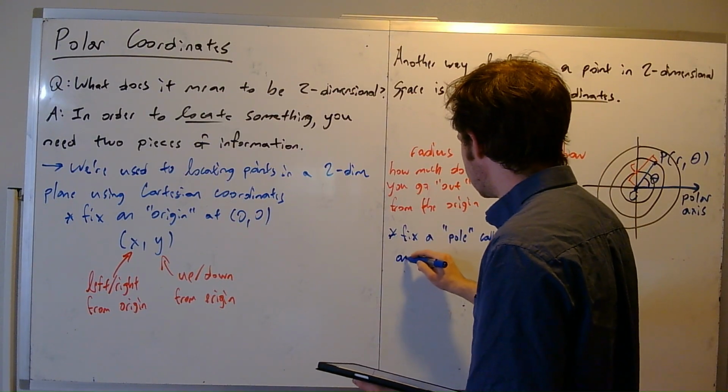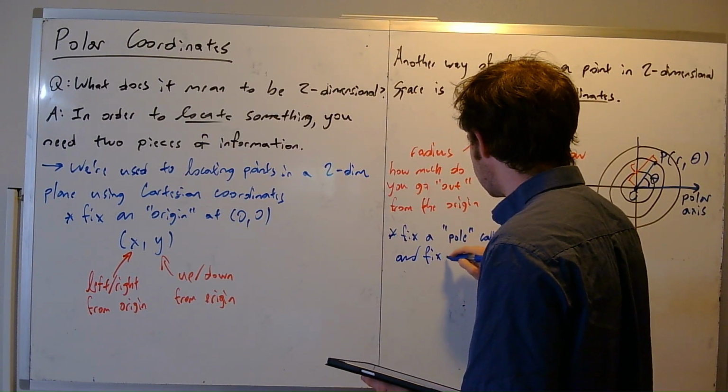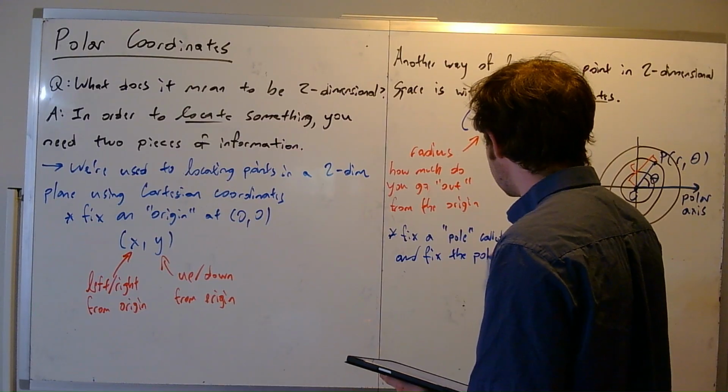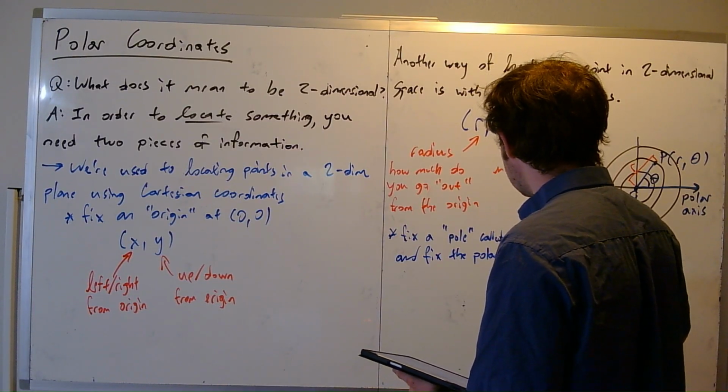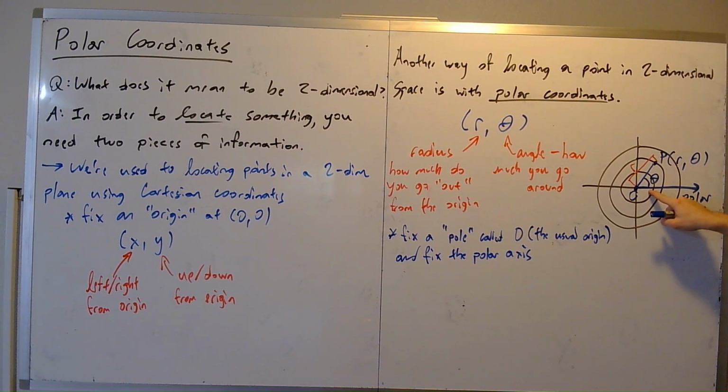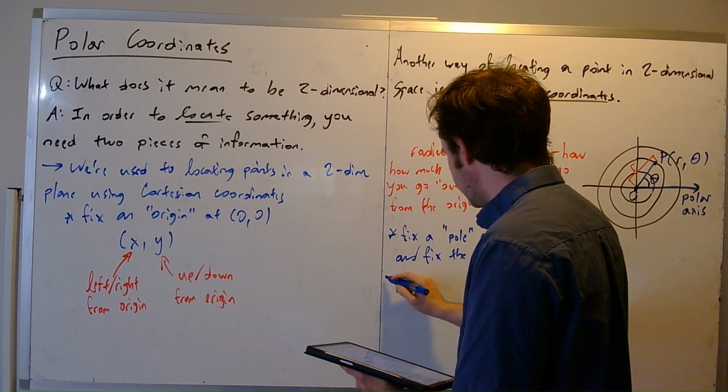And fix the polar axis. The polar axis is just the axis from which we're using theta, going counterclockwise. That's our angle theta.